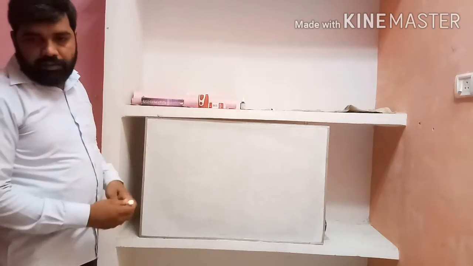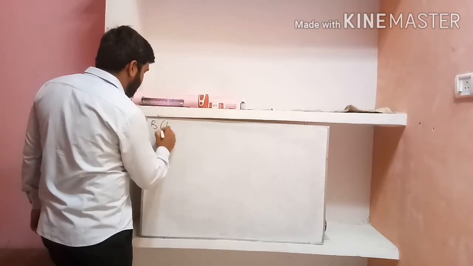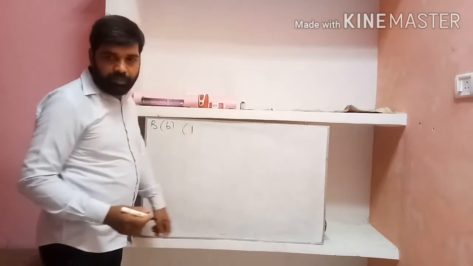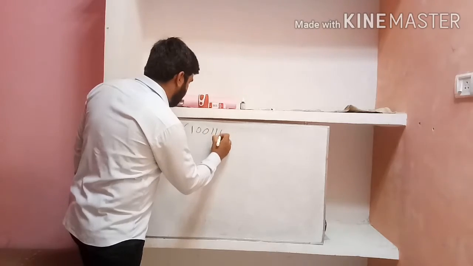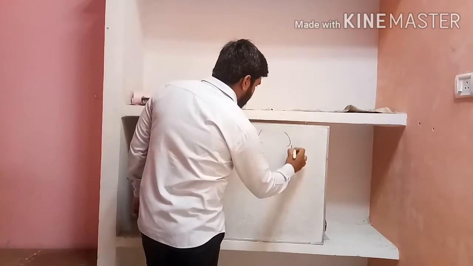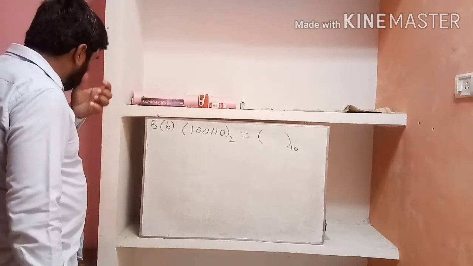See the B part, I will do part B. Here it is a reverse process. The given binary number is 1001100. This binary number we have to convert into its decimal equivalent.